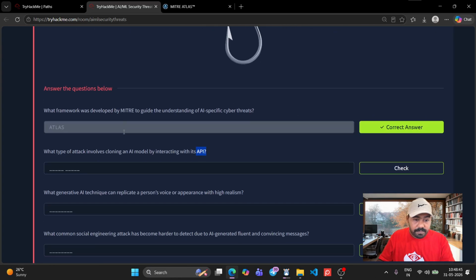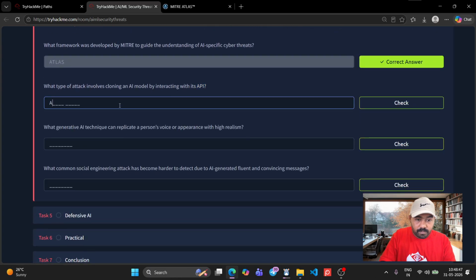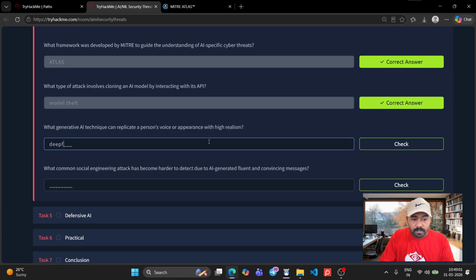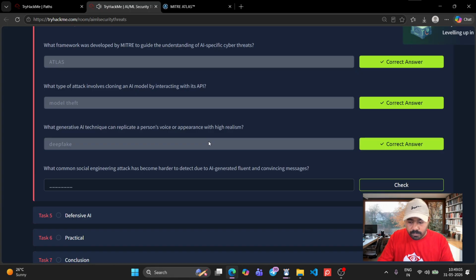Model theft. What generative technique can replicate a person's voice or appearance with high realism? Deepfake. What common social engineering attack has become harder to detect due to AI producing fluent, convincing messages? Phishing.